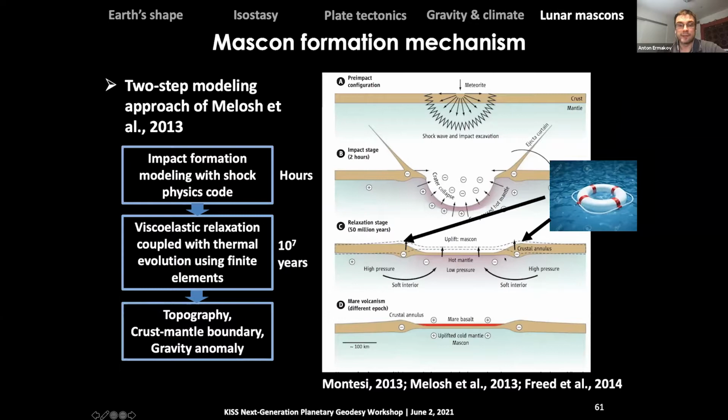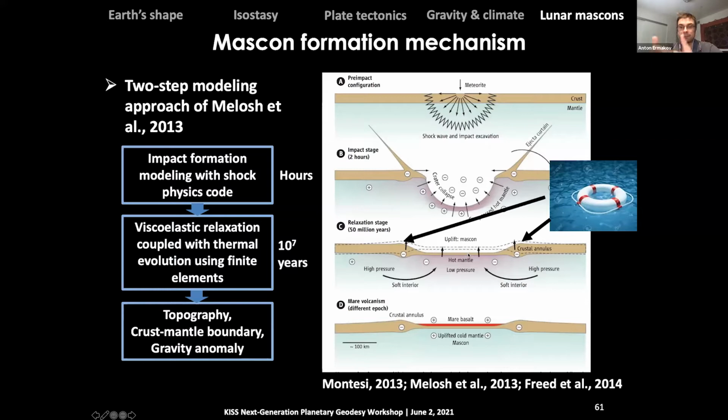And this buoyancy force can be transmitted to the inner part of the basin, providing the uplift required to explain the observed gravity anomaly. The formation of this lithospheric bridge critically depends on the thermal structure of the crust.